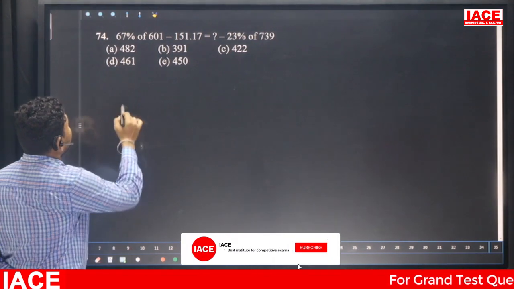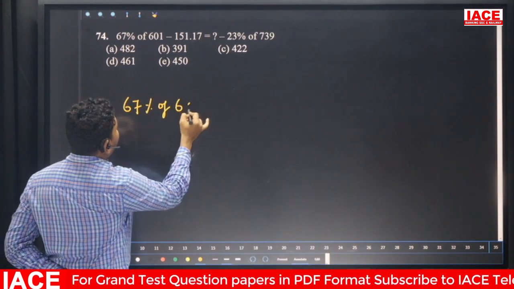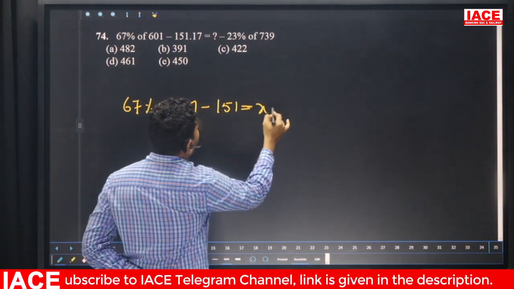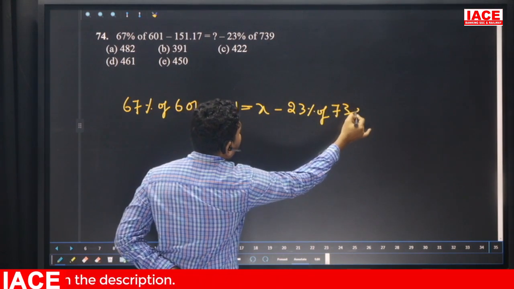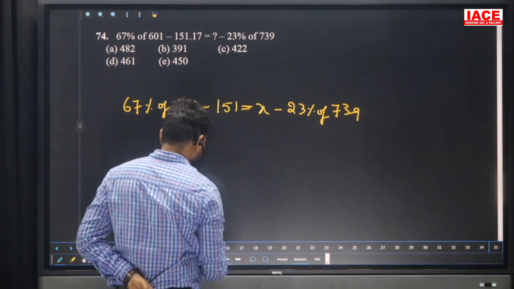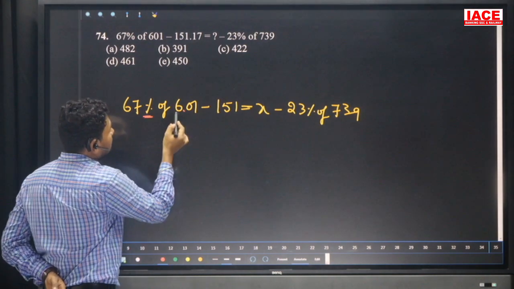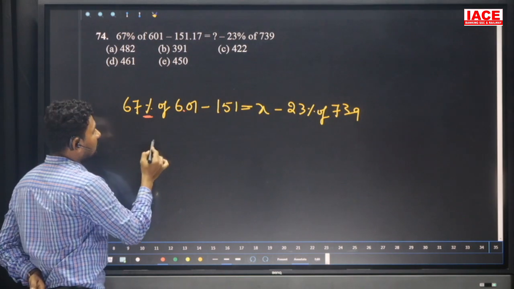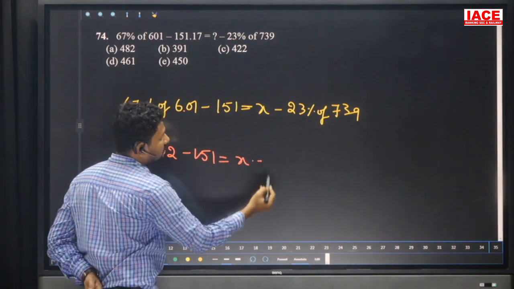Next, 67 percentage of 601 minus 151 is equal to x minus 23 percentage of 739. So we'll multiply here. Look at 67 percentage, percentage wise two decimals I am applying. 6 into 67: 6 6s are 360, 6 7s are 42, which is equal to 402, minus 151, which is equal to x minus.